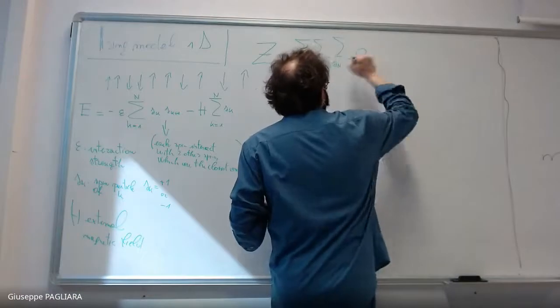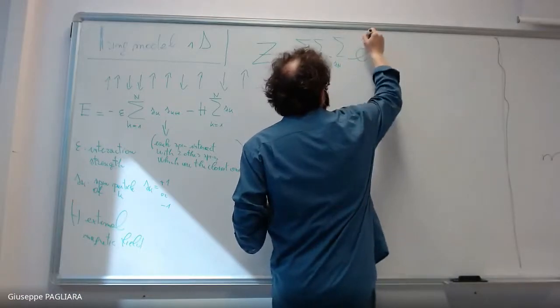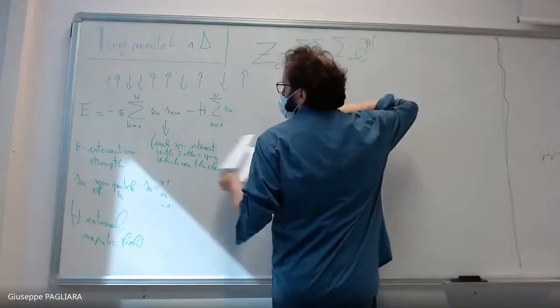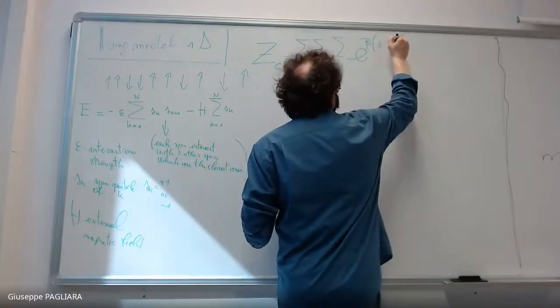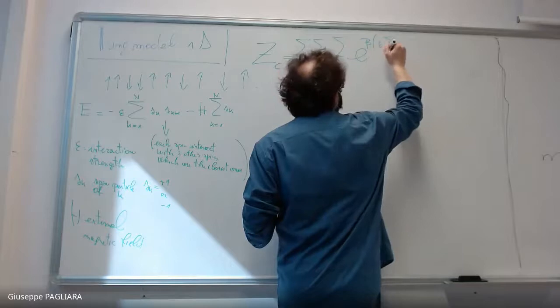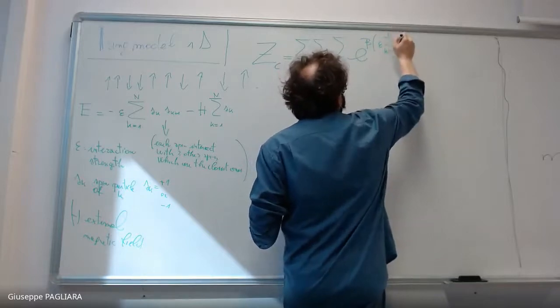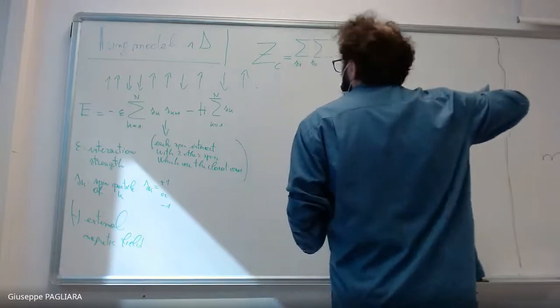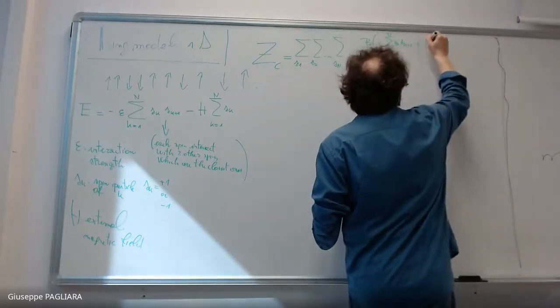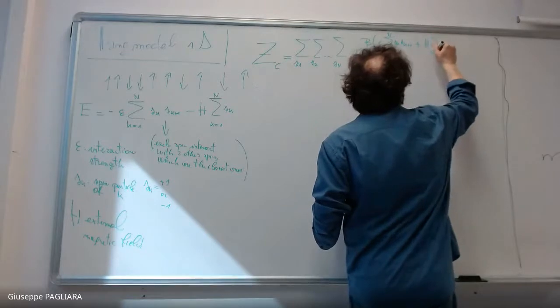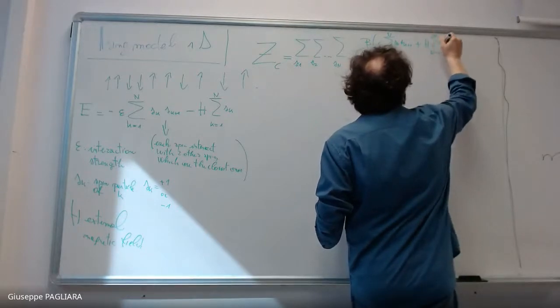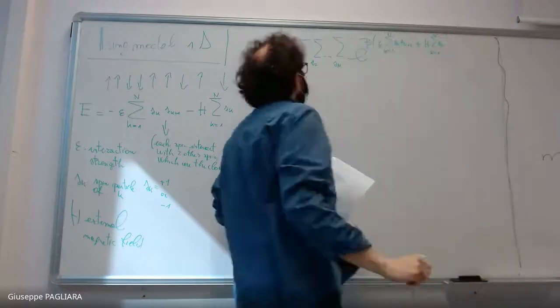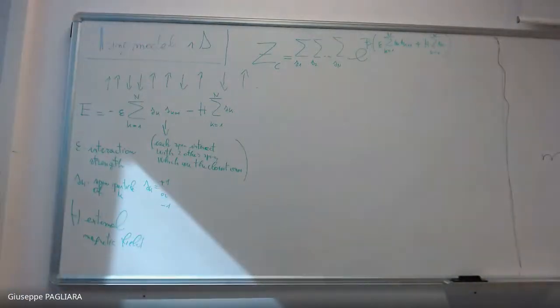Then we have e to the minus beta H, which is e to the beta, and then we have epsilon sum over k of S_k S_{k+1}, plus h sum over k of S_k, and that's it. This is the canonical partition function.